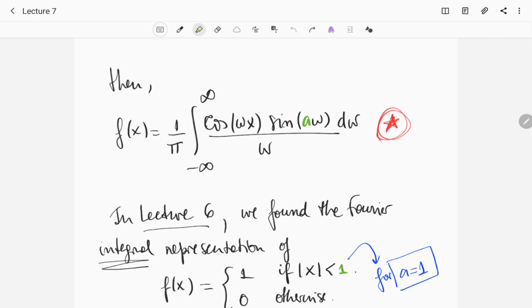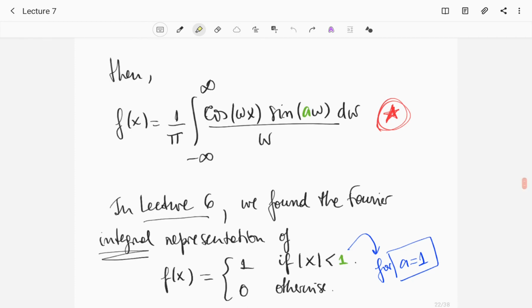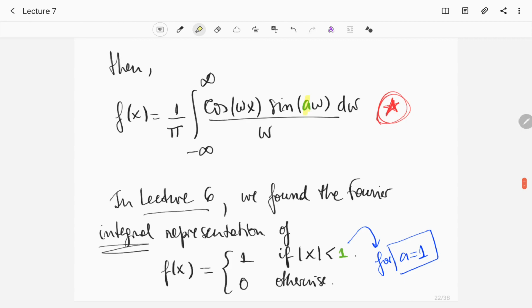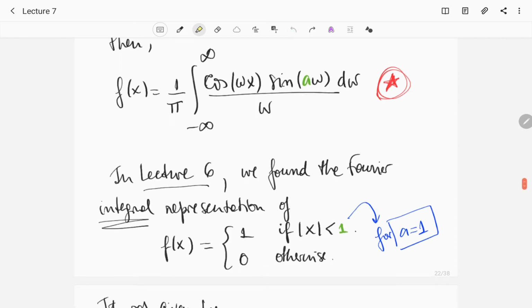Okay, now remember that in lecture 6 we found the Fourier integral representation of this function, but with a certain value of a, which was 1. So let's compare these two guys.